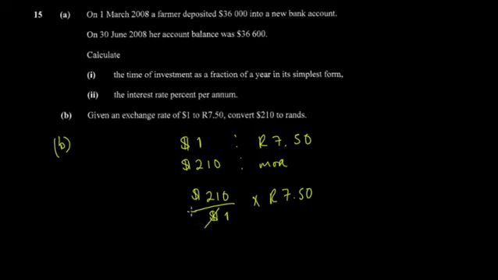Here these ones cancel, and then you're just supposed to work out 210 multiplied by 750. If you want you can write 750, it's still fine, but then you should know that you're dealing with 2 decimal places. So you can put your 2 decimal places here, just like what we do in primary school. You put 2 placeholder zeros first. 7 multiplied by 0 gives 0, 7 multiplied by 1 gives 7, then here you get 14.